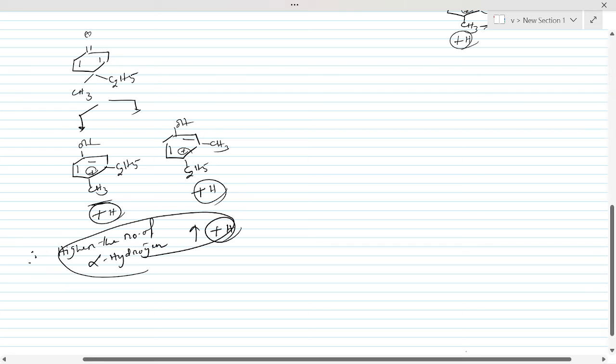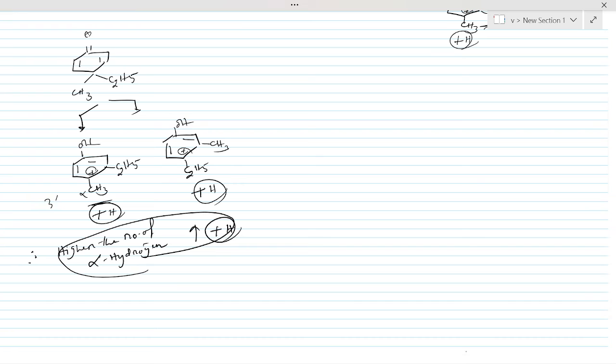Okay, so here the carbon that is alpha has three alpha hydrogens. How can you write this thing like CH2CH3? So this is your alpha, so two alpha hydrogens. So here it is three alpha hydrogens, here it is two alpha hydrogens. So this group will stabilize the carbocation more as compared to this one.